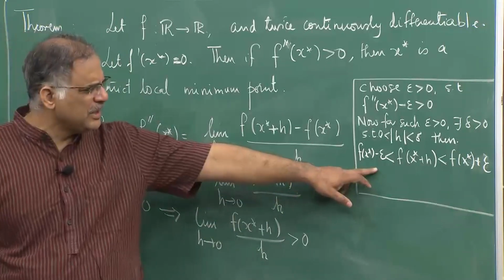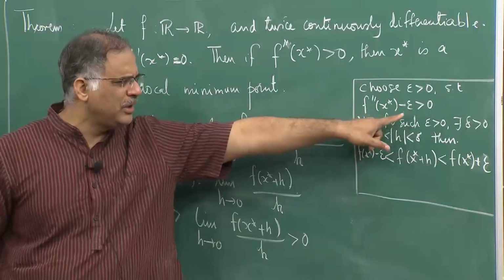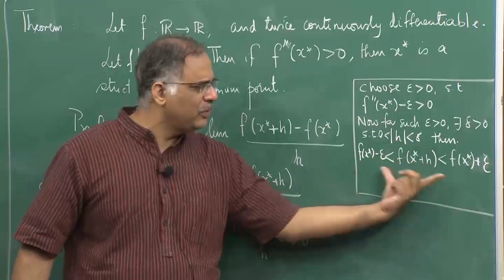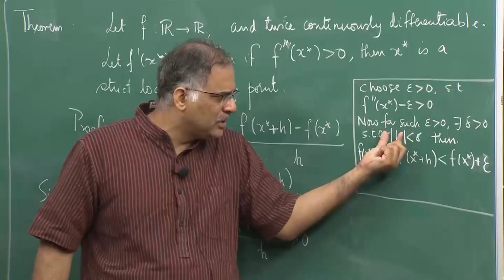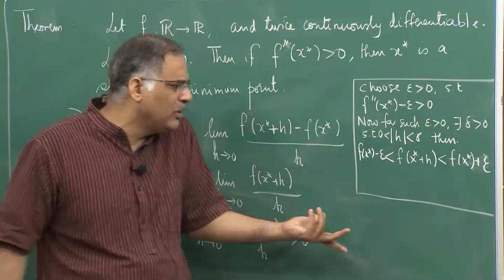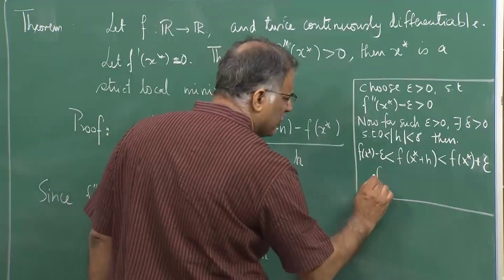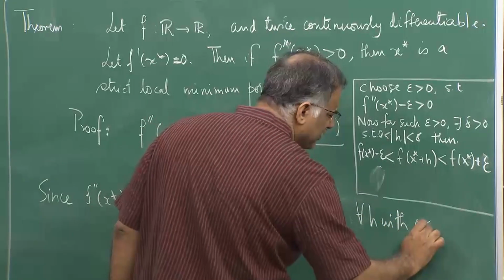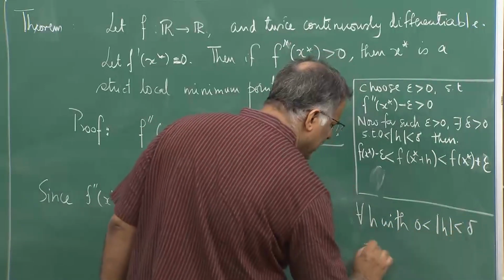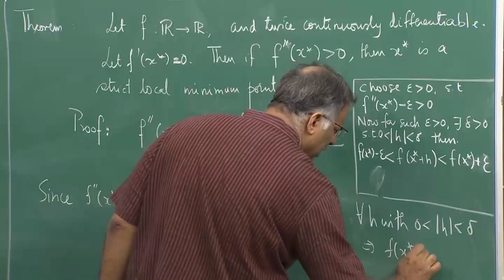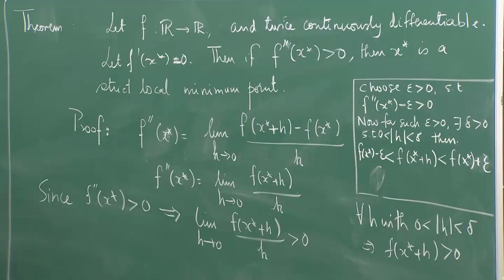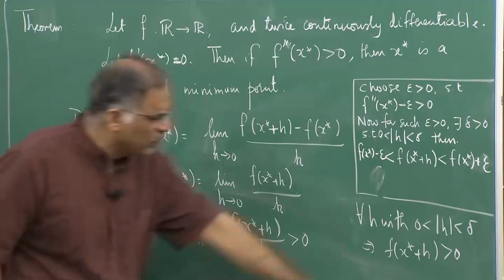But I have already chosen the epsilon such that f double dash x star minus epsilon is strictly bigger than 0. So, for such an epsilon I can get a delta for which this is true. So, there is a delta such that whenever mod h is strictly less than delta, and obviously h is not 0, this implies that f dash of x star plus h by h is strictly bigger than 0. So, it says for h sufficiently small, the real number h whose absolute value is sufficiently small, this is true.